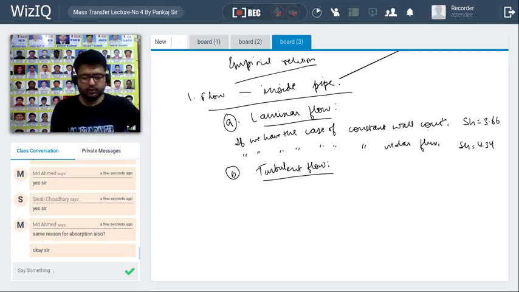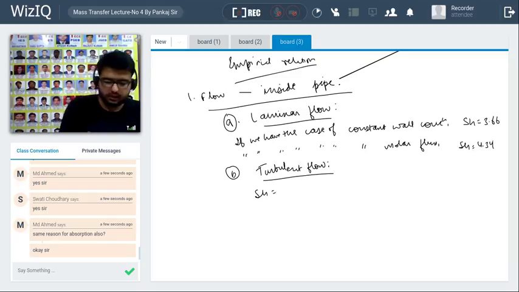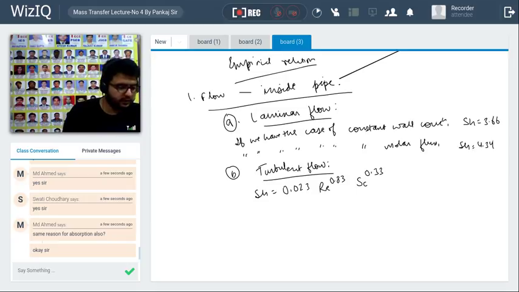For turbulent flow, Sherwood number is equal to 0.023 into Reynolds number raised to the power 0.83, Schmidt number raised to the power 0.33. This is for Schmidt number between 0.6 to 3000.